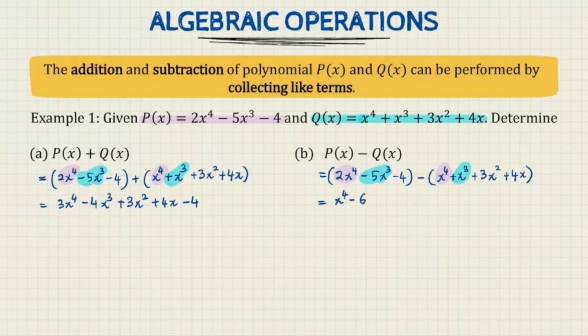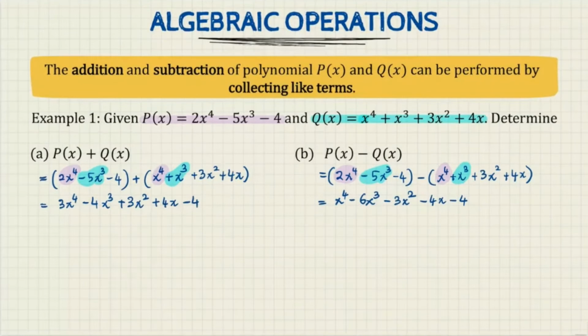So negative 6x cube. And then we have 0. 0 minus 3x square will be negative 3x square. And then 0 minus 4x will be minus 4x. And then minus 4. Okay, so this is the most basic.